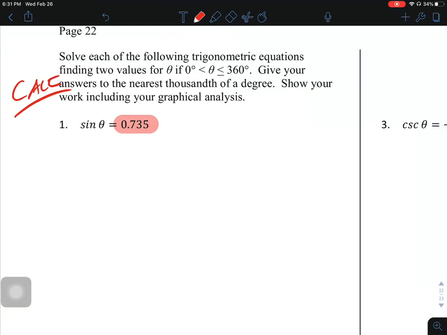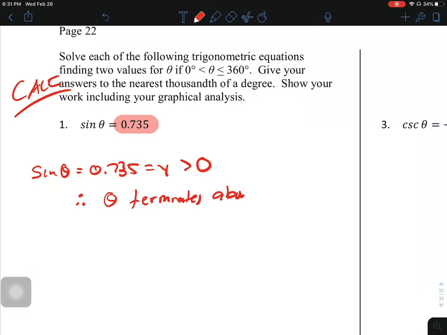Well, let's first figure out, first of all, is it in terms of sine, cosine, or tangent? Check. Second of all, do we know what quadrant it's in? Sine of theta is 0.735, which is equal to y, which is greater than 0. Therefore, theta terminates above the x-axis.